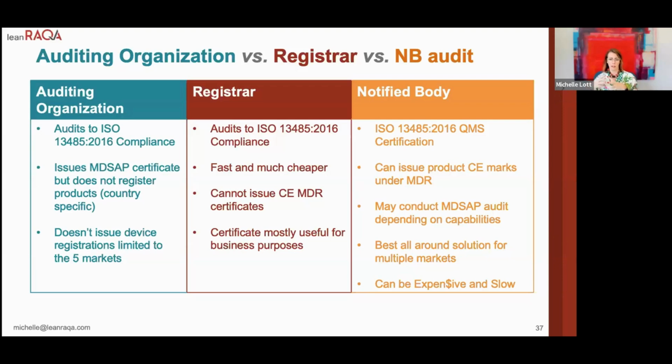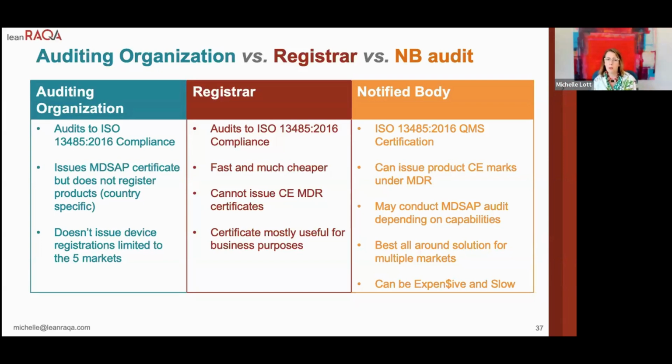The certificate you get from them is usually more purposeful for business applications, like being able to show your customers that you've got an ISO 13485 certification, which gives them confidence, and gives yourself confidence that you're going to meet all or most of the requirements for the QMSR. But you can't take this certificate from a registrar and use it in, say, Europe or some other geographies generally.